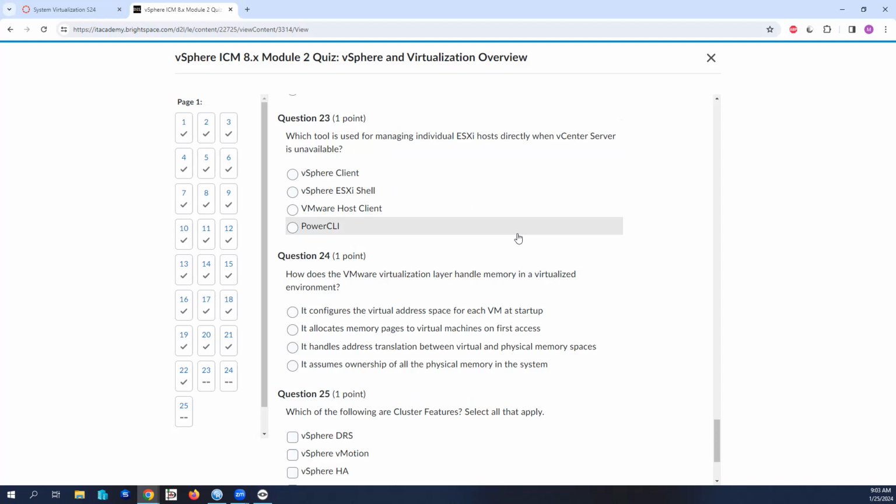Let's see, it's 23. Which tool is used for managing individual ESXi hosts directly when vCenter server is unavailable? Another question we answered almost at the very top kind of helps answer this question. What's the answer, Brianna?